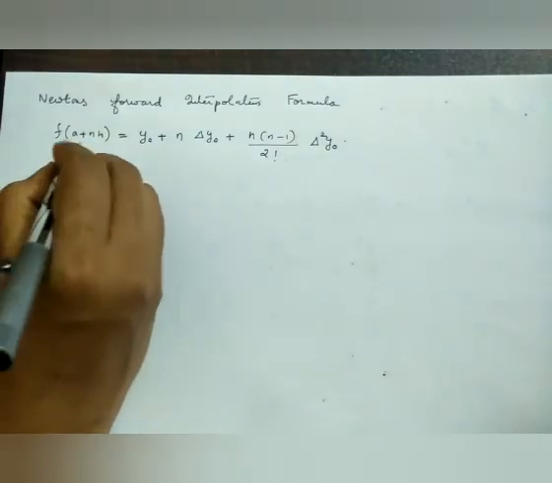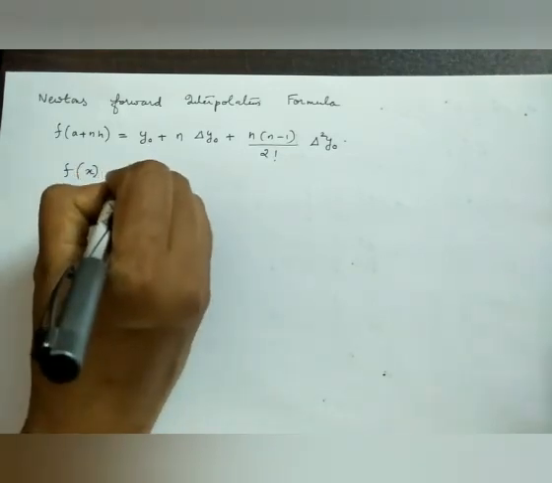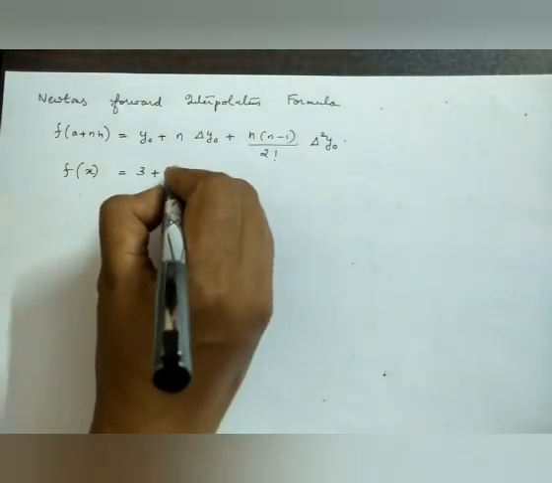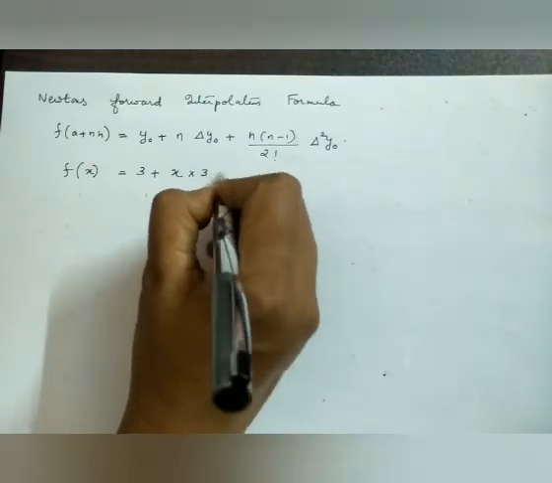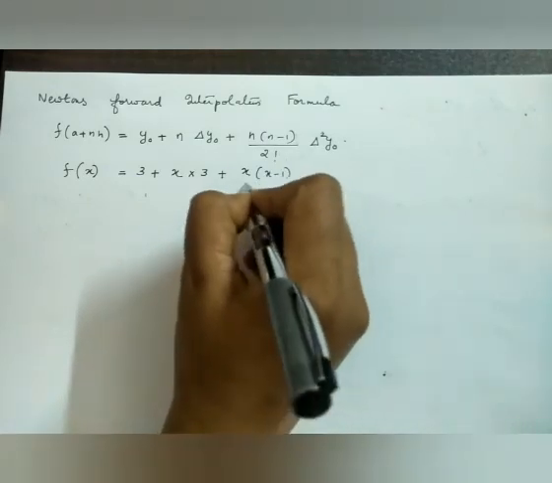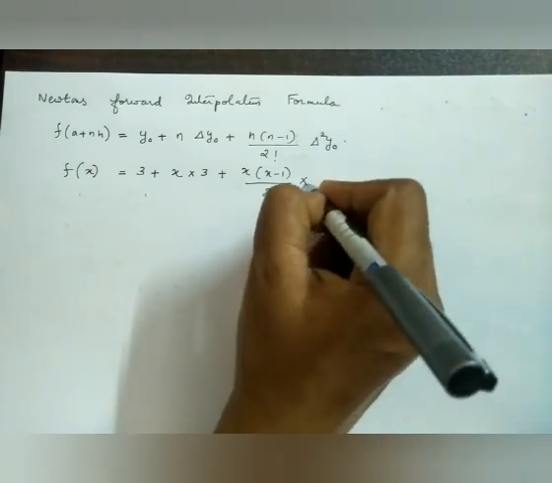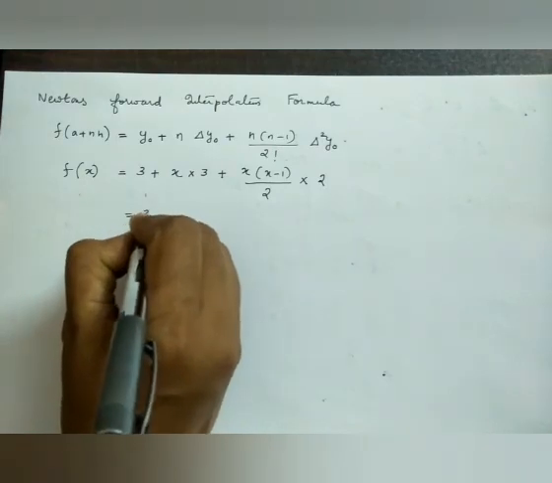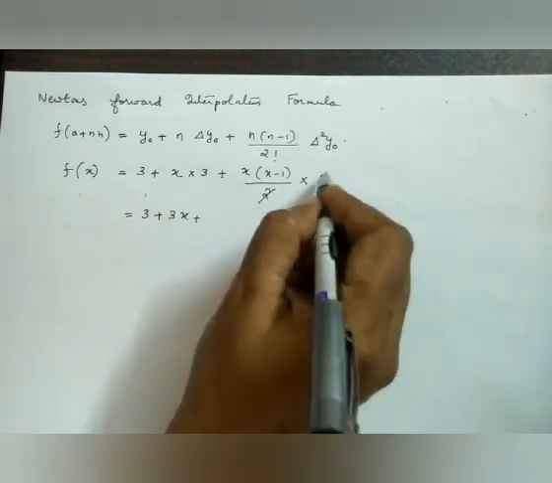Now f of a plus nh, the value of a plus nh is x, which is equal to y naught. y naught is 3. And we have already found n as x. Then delta y naught from the table is 3. Now n is x, into x minus 1 by 2 factorial is 2, into delta square y naught is 2. Therefore, we have 3 plus 3x plus 2 and 2 cancels.